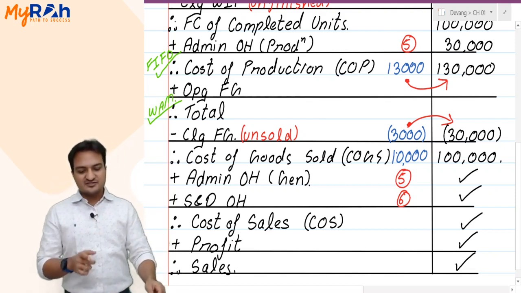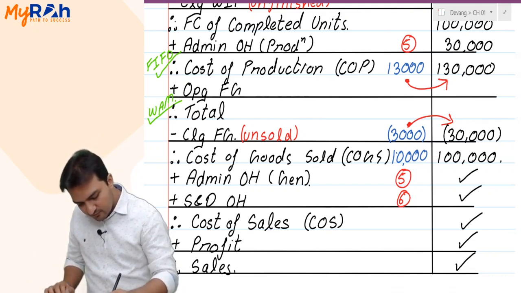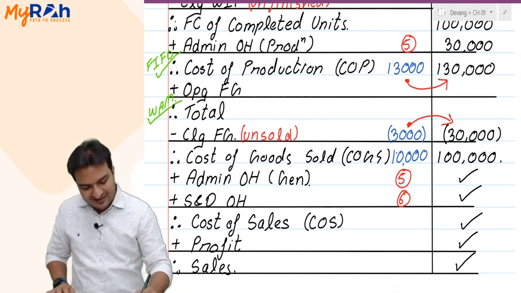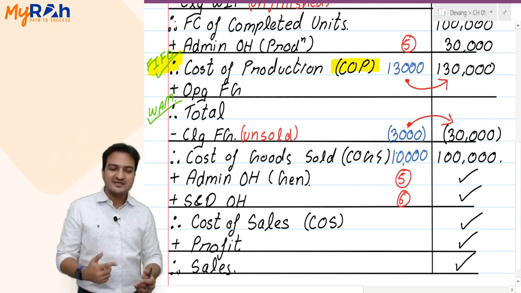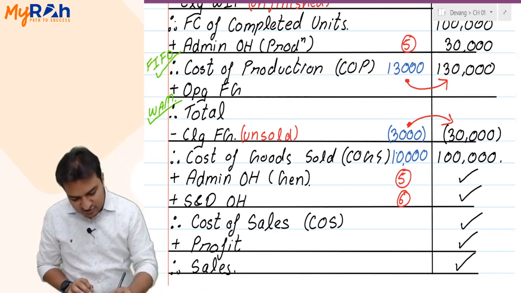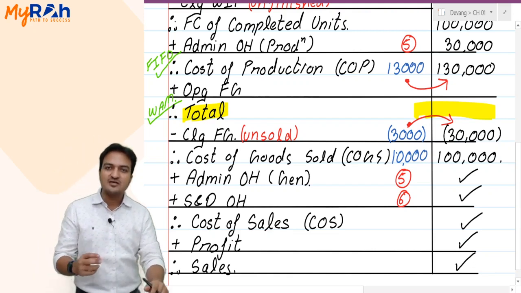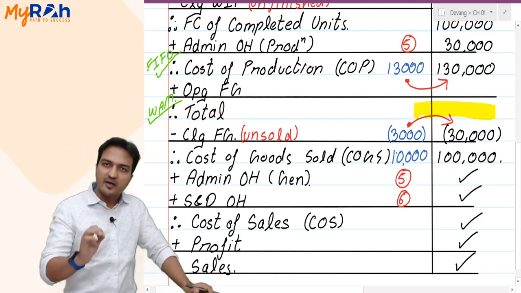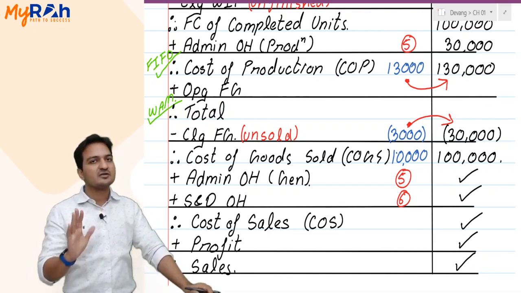This tick mark shows that COP is the base for calculating closing stock by FIFO method, and this total value will be the base for calculating closing stock by weighted average method. Done? Yes, these are some core concepts here.